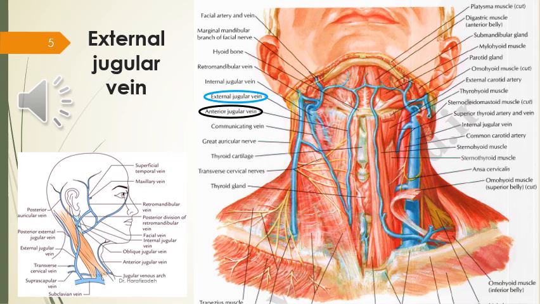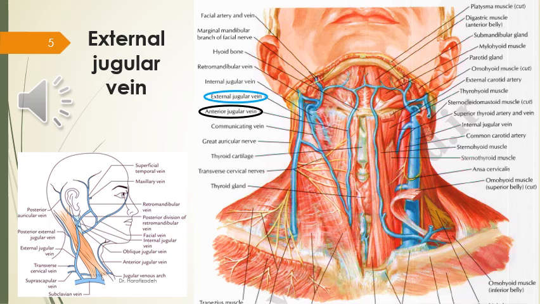You can see these structures in the left picture, these two veins, the posterior auricular vein and the posterior division of the retromandibular vein. These veins join together and form the external jugular vein. It then descends and drains into the subclavian vein.